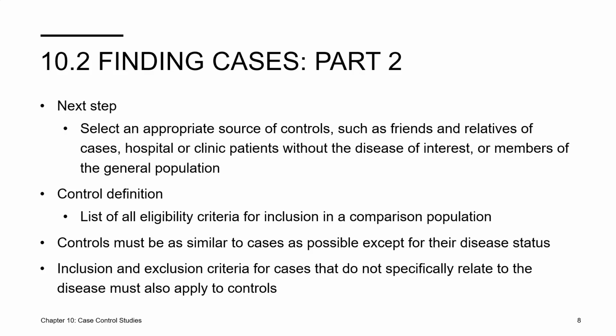So you must come up with a control definition, which is the eligibility criteria for inclusion in the comparison population. The inclusion and exclusion criteria for cases that do not specifically relate to the disease must also be applied to the controls.